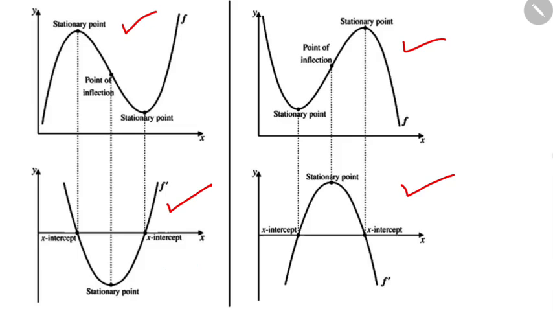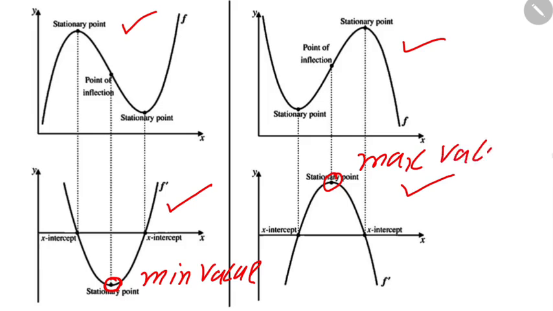Now minimum, if you look nicely, the minimum value here is at the turning point. So the parabola has a minimum value, and here the negative parabola has a maximum value at the turning point.